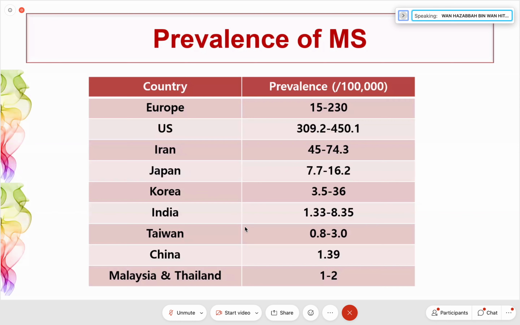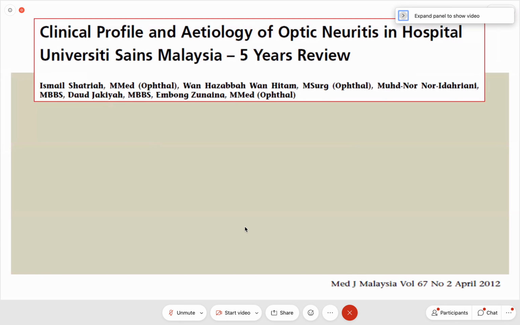But if you see Iran, in the west side of Asia, the prevalence is quite high here actually. So when you encounter a patient, sometimes you need to know where the patient comes from, because the prevalence is different.